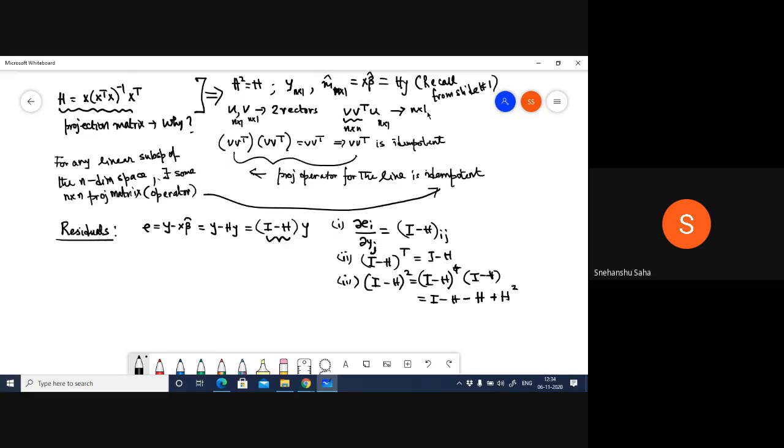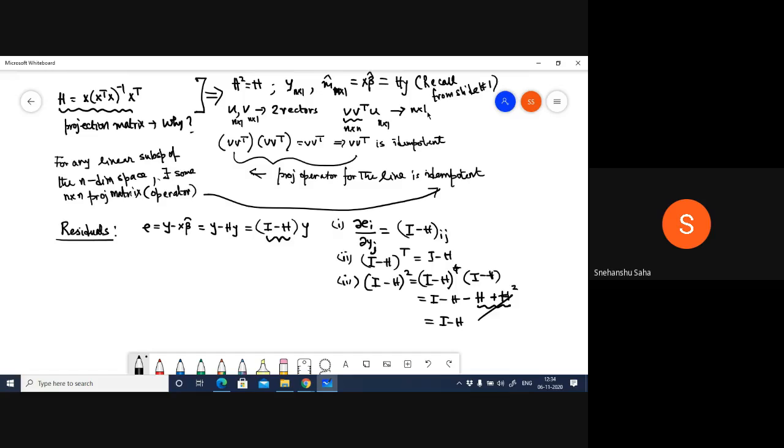We already know that H is idempotent, so these two terms cancel out, and we recover I minus H. So I minus H is also idempotent.